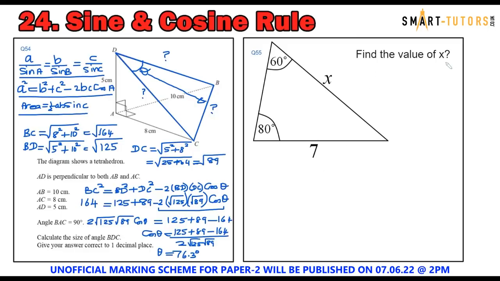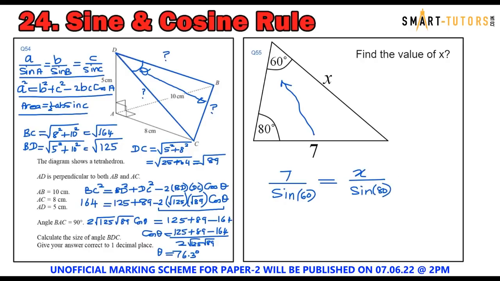So find the value of x is question number 55. It is a direct sine rule, 7 over sine 60. So 7 is opposite to the 60 degrees, equal to x opposite to sine 80, right? And now cross multiply.